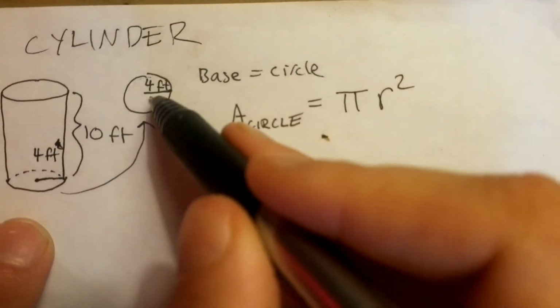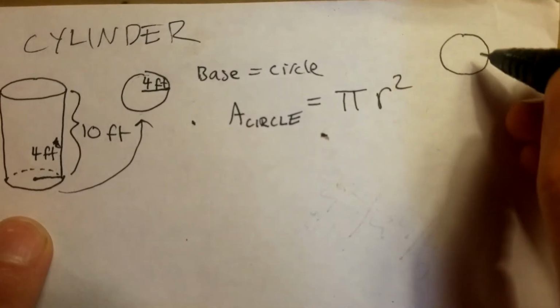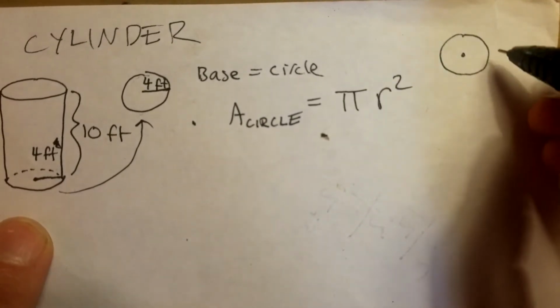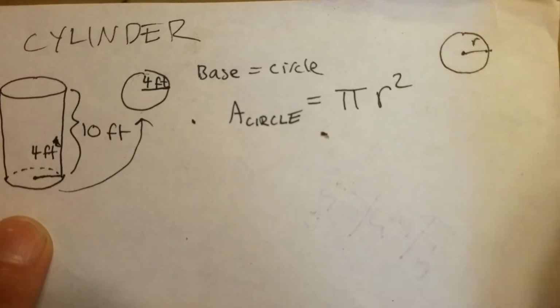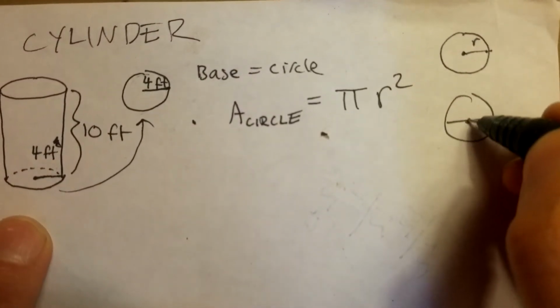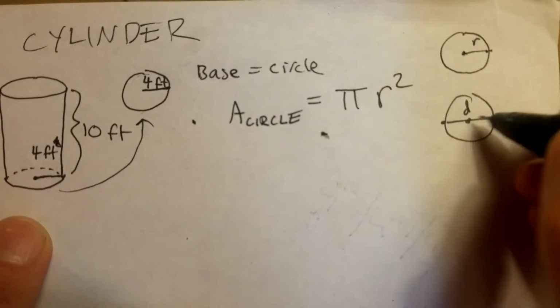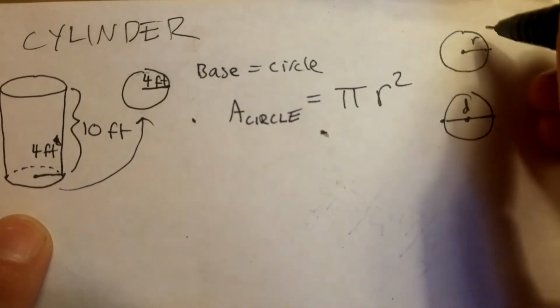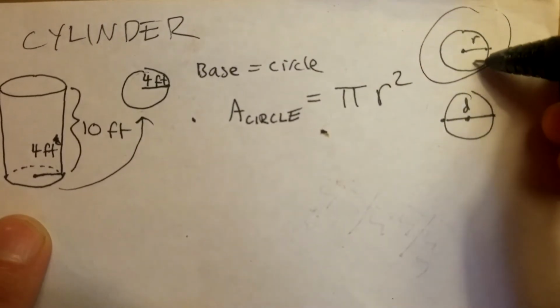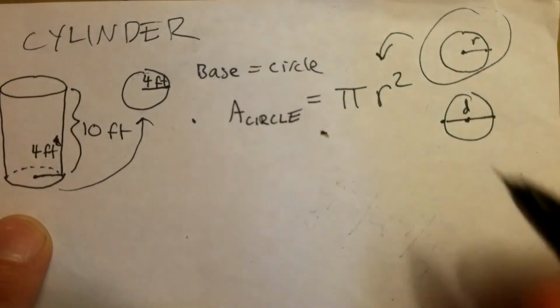In this case, the radius, remember from our circle packet, is from the center to the outside of the circle. The radius is half the size of the diameter, which goes from the outside to the center to the outside again. So we're going to be focusing on the radius here, which is represented in the formula for area.